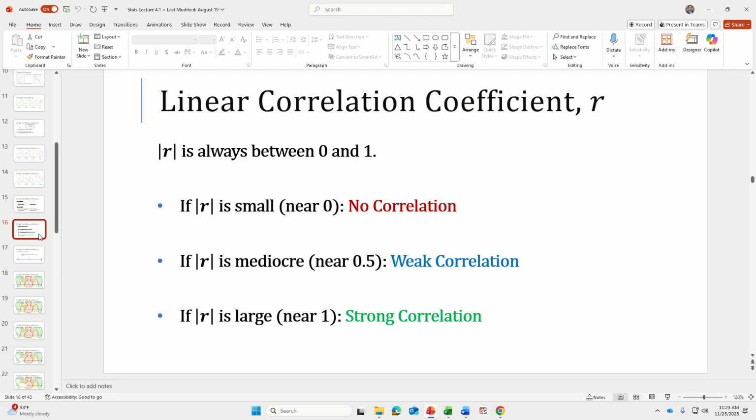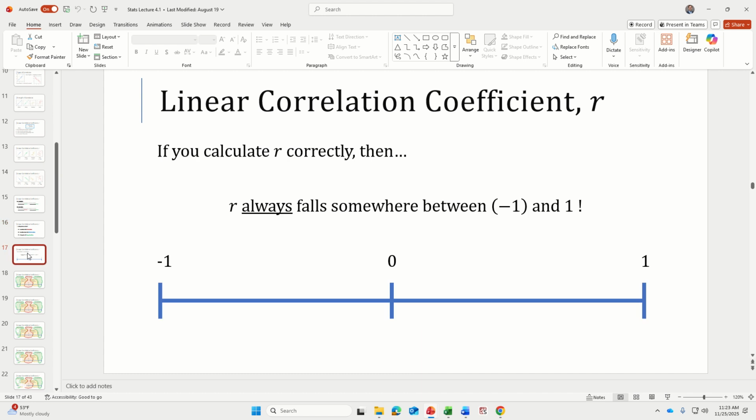If the absolute value of R is near 0, we would say there's no correlation. If the absolute value of R is near 0.5, we might say it's a weak correlation. If the absolute value of R is near 1, we say we have a strong correlation. Kind of just saying the same thing a bunch of different ways.